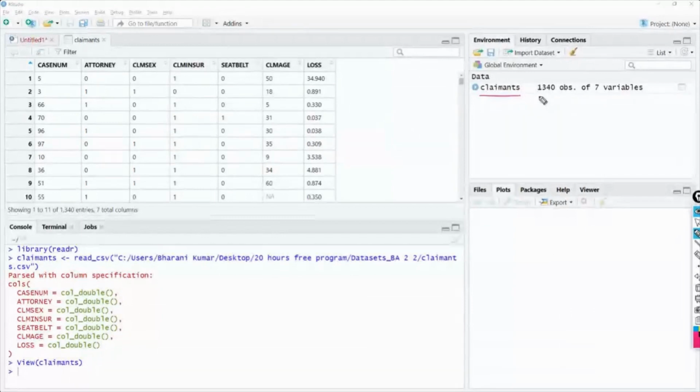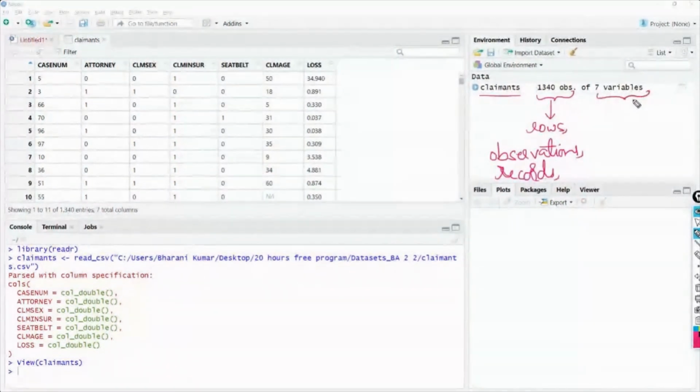So we have this data set called the claimants data set, which has 1340 rows or observations or records. Rows, observations, records all mean the same.